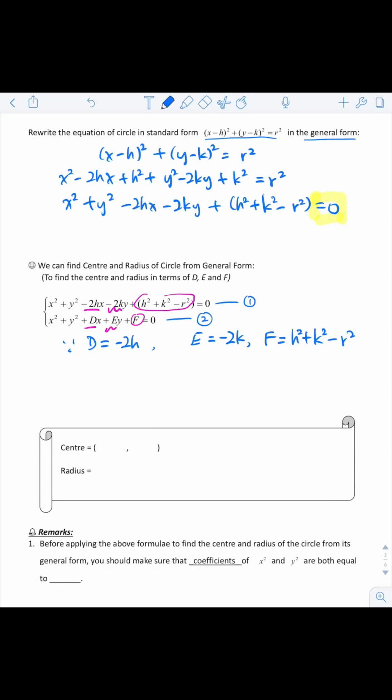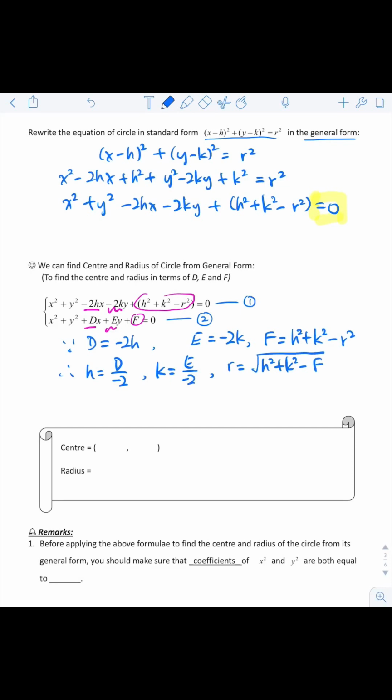Now, we try to make h, k, and r be the subject of the equations respectively. So we have h equals d over negative 2. k equals e over negative 2. And r equals the square root of h squared plus k squared minus f.